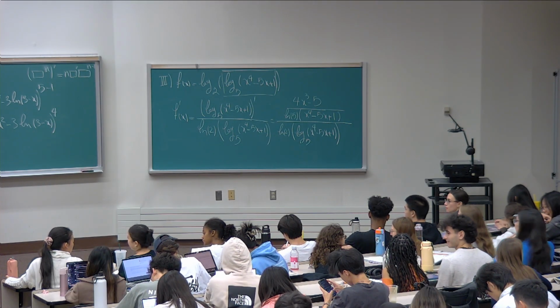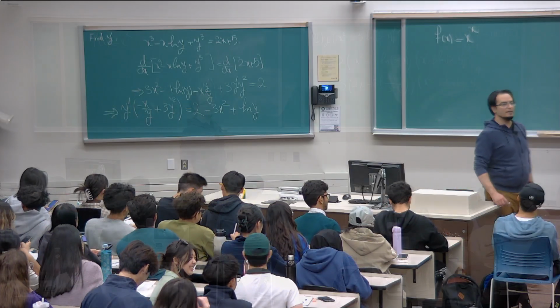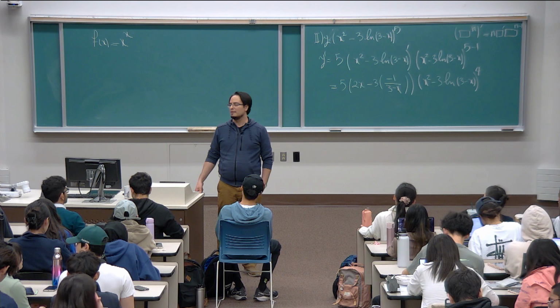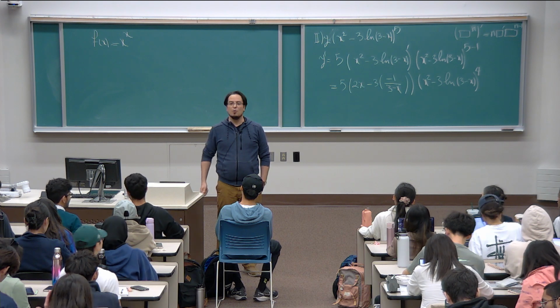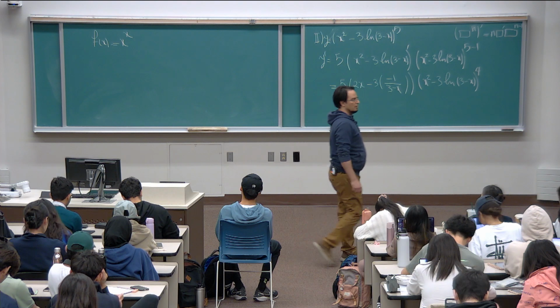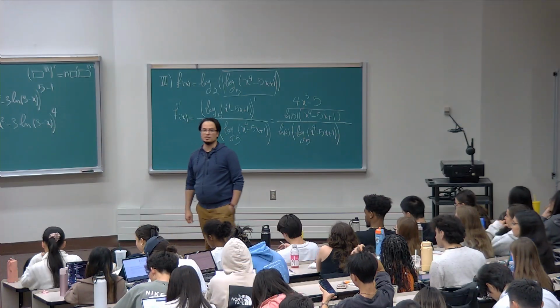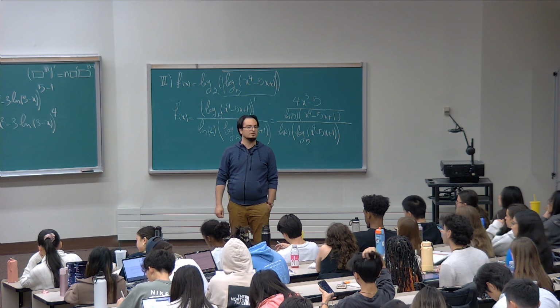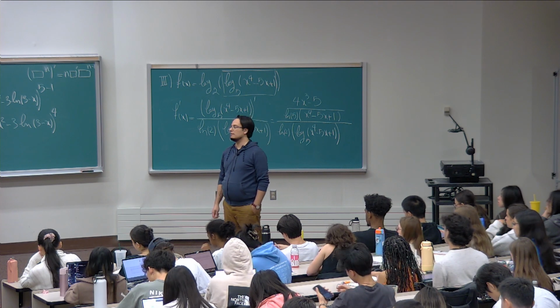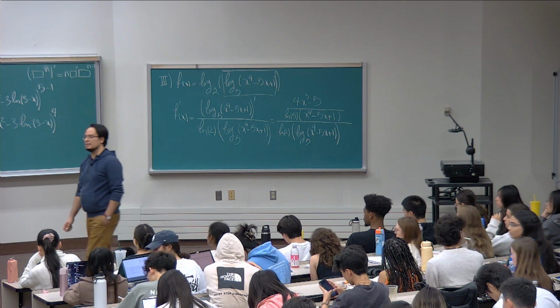Would anyone like to share their starting point with me or with us? The question was, what would be the differentiation rule to work with if we want to find the derivative of this function? Does anyone want to share with us how you did that? Come on, please. Yes, please.